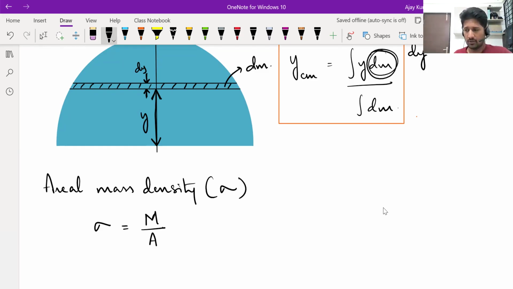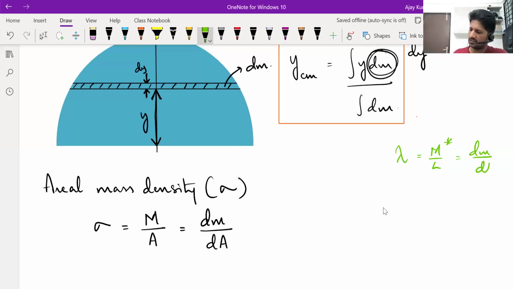If it's non-uniform, or even if it's uniform, you can also call it small mass by the small area that it occupies. For linear mass distribution, we had written lambda is equal to total mass by total length if it is uniform, or generally it is dm by dl, small mass by small length. Similarly, we are writing an equation for areal mass density. Whenever mass is spread over an area, you will use this idea.